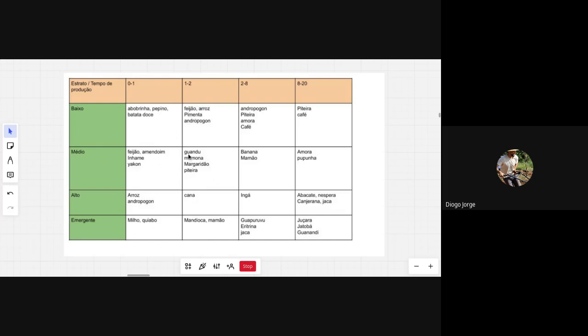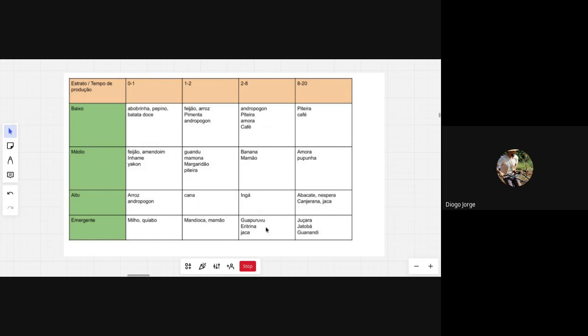In the medium, we can have shrubs of guandu, which is the pigeon pea, or some mamona or margaridão, Mexican sunflowers, and some species that create shrubs. And going above those shrubs, we can have, for example, sugarcane. So the sugarcane grows up higher, and the shrub species we prune, keeping them under the sugarcane, and then emerging from that, there will be species like papaya or cassava growing above all of them.